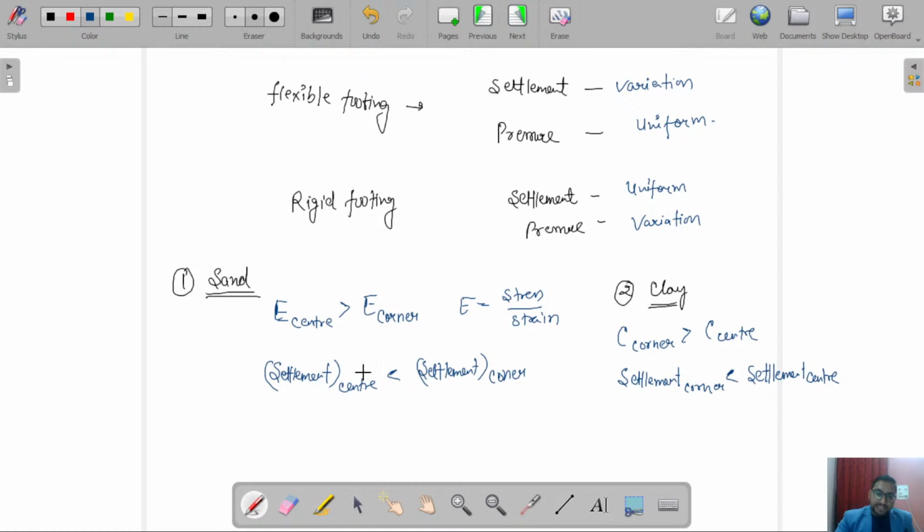Also, if settlement at center is less than settlement at corner, it means more pressure is applied at the center. More pressure is applied at center so that there will be less settlement. So can we say the pressure at center is going to be greater than pressure at corner?